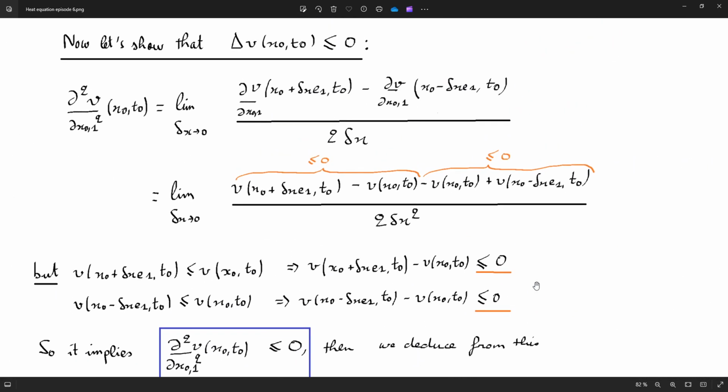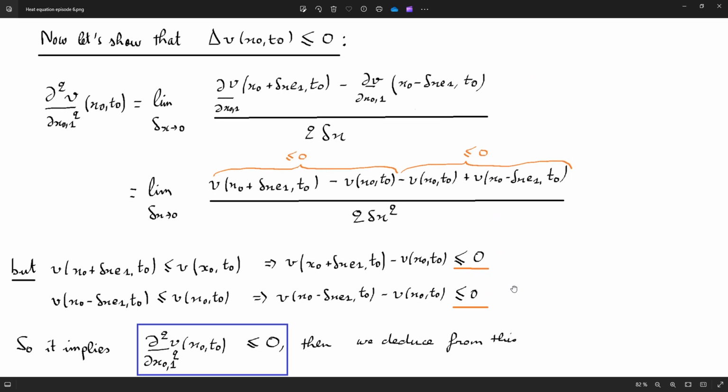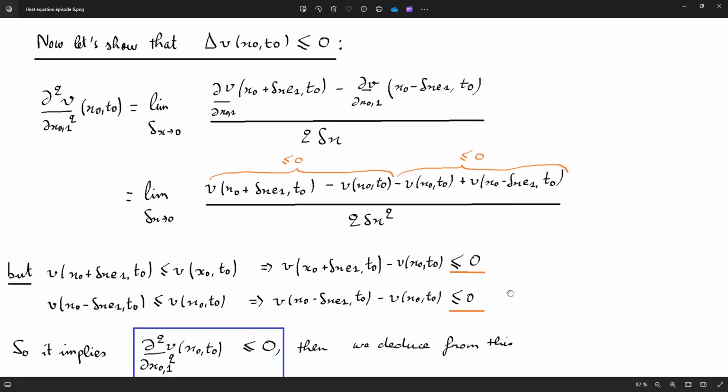Now let's show that the Laplacian of v in (x0, t0) is smaller or equal to 0.